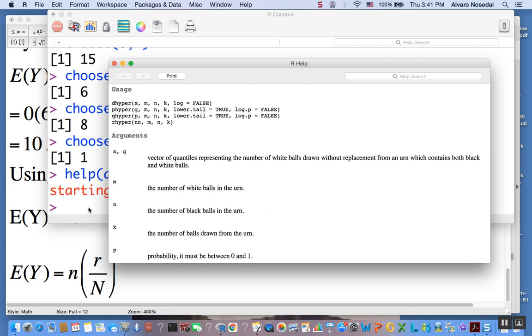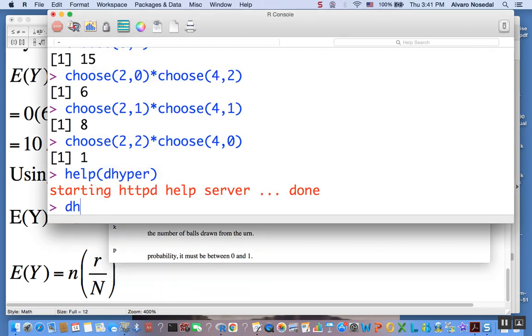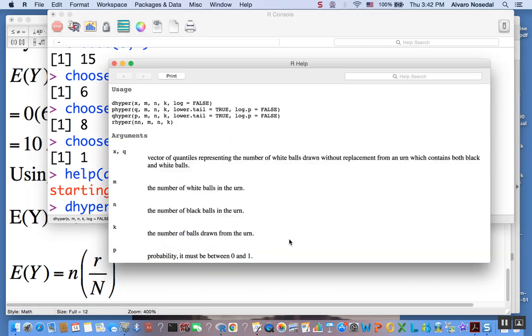So let's use it to verify that we're on the right track. Let's use dhyper to find the probability of seeing 0 women included in our sample of size 2. So m, remember, is the number of successes.